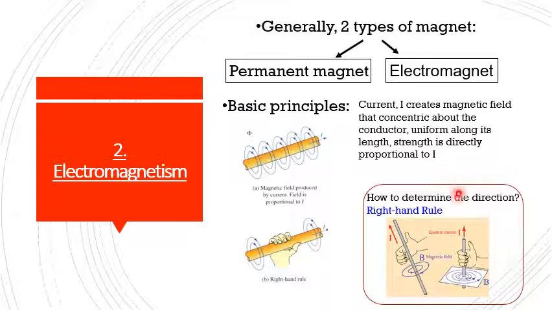So how do we determine the direction of the current and the direction of the field? We can use the right hand rule. The thumb shows the current, and the other fingers show the magnetic field, or vice versa: the current can be the other fingers, and the thumb shows the magnetic field.